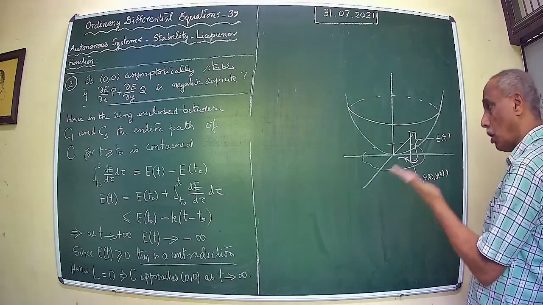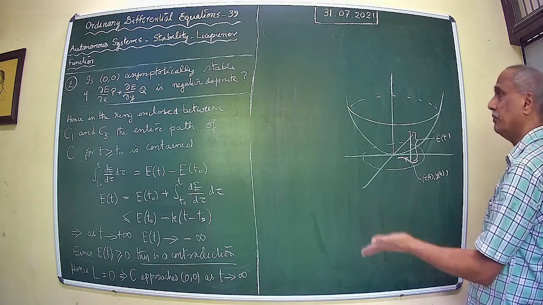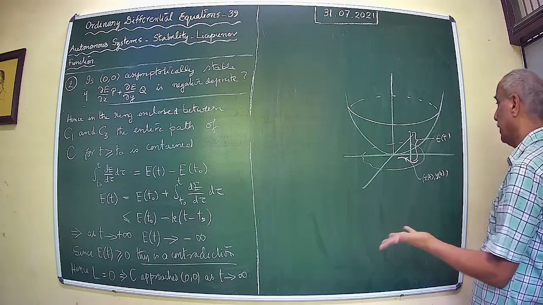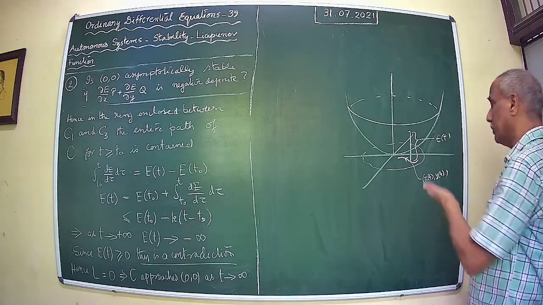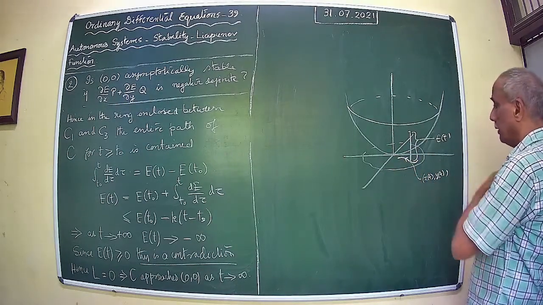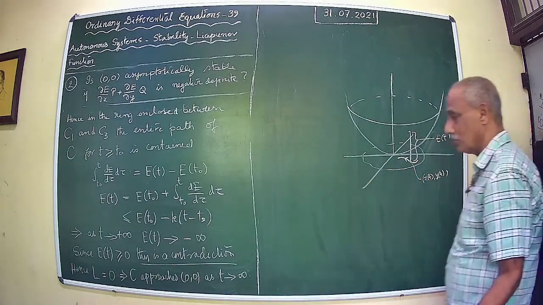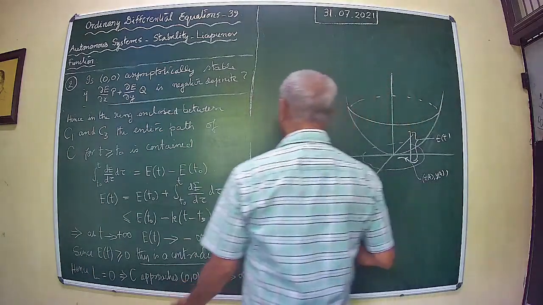Further, if it is also negative definite, then it not only stays in a neighborhood of 0, 0, but it also approaches 0, 0. Therefore, this is asymptotically stable.